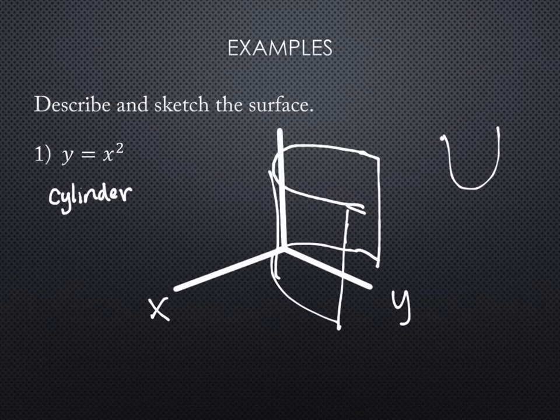Okay, so when you're drawing it, we're identifying the name, right? I wrote cylinder. We're not focusing on precision in terms of plotting points. That's not what we're doing here. This is really just a sketch. In terms of the cylinder, if you wanted to be more specific, could we write something a little bit more specific than just cylinder?